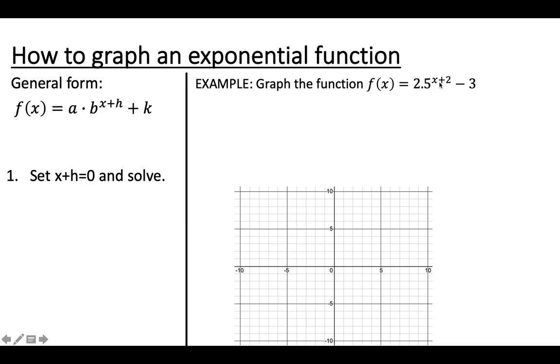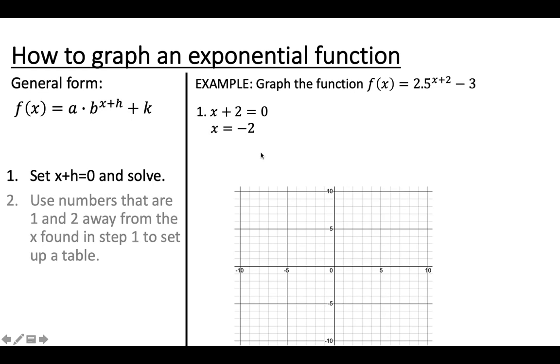What's in the exponent spot? x plus 2. So x plus 2 equals 0, and solve it. I get x equals negative 2. Really easy step.